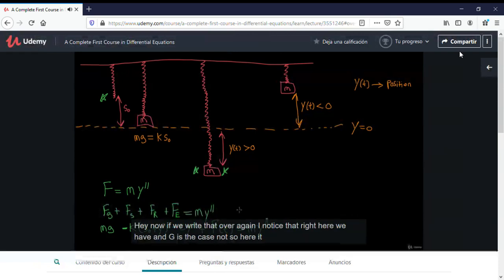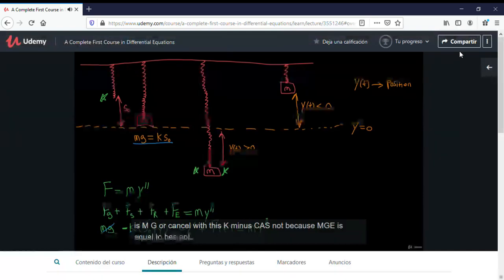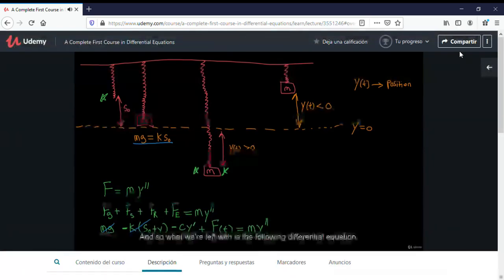Now, if we write that over again, notice that from before, we have mg is equal to ks naught. So this mg will cancel with this minus ks naught, because mg is equal to ks naught. What we're left with is the following differential equation.